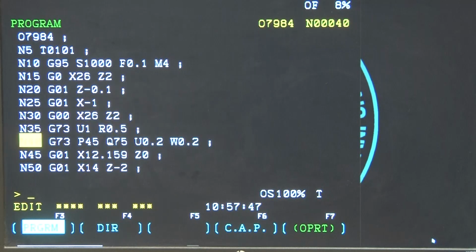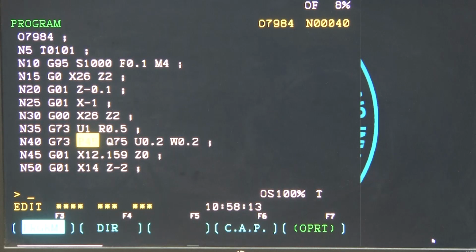After that you have the N40, N40 is the G73, P45, Q75, U.2 and the W.2. So, G73 is the first block, the G73 we have already told you, that is the counter turning cycle, and then you have the P45.